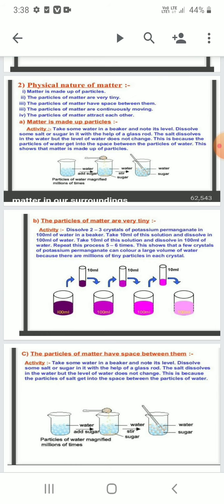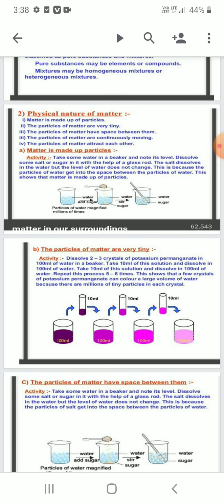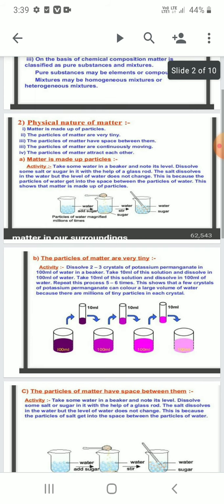Then dissolve some salt or sugar in it with a glass rod, and dissolve it properly. The salt dissolves in the water, but the level of water does not change. This is very important. The water level will not increase or decrease.